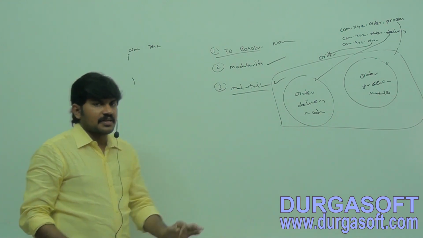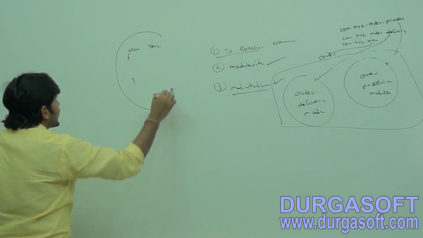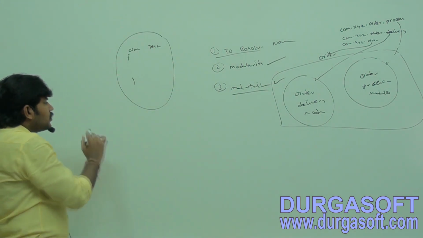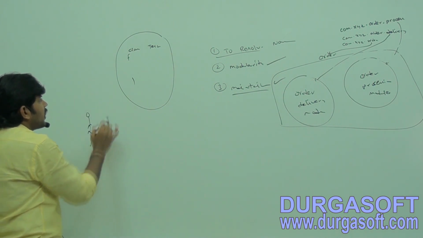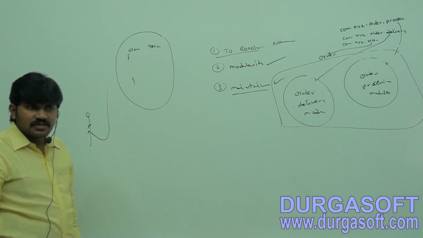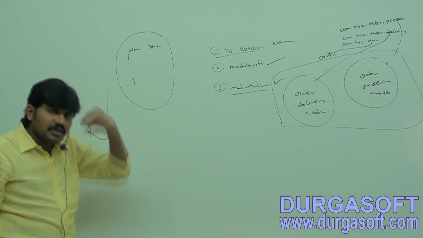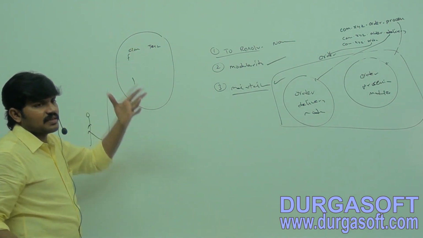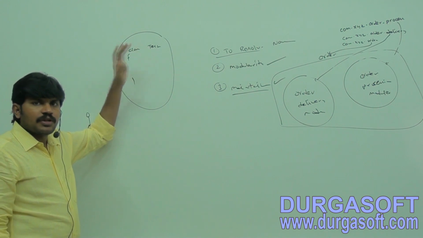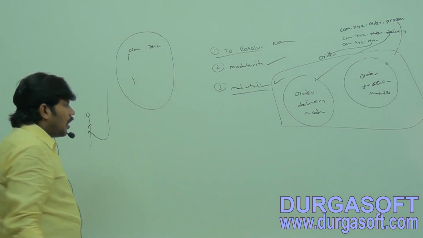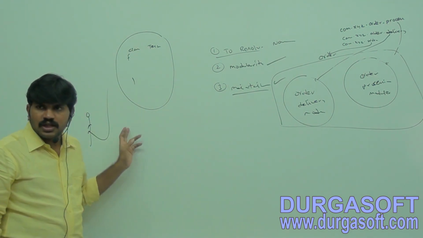Only within the package. Outside person, is it possible to access this class? No, because it's default. Default class means only within the package. Package-level access is the default. Outside person can't access.